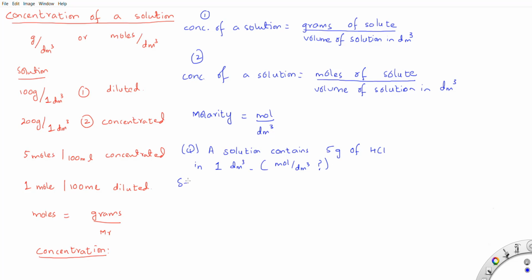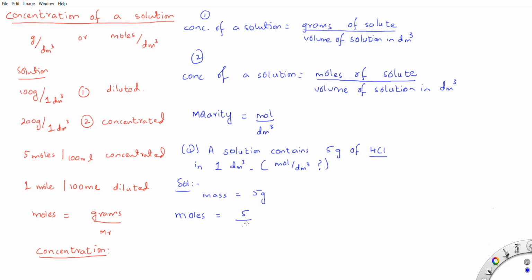It's easy. Since I'm given 5 grams, so that is mass, 5 grams, and I'm required to find concentration in moles. So first let us work out the number of moles. The number of moles, as given by the formula, can be calculated as grams over relative molecular mass of the compound.